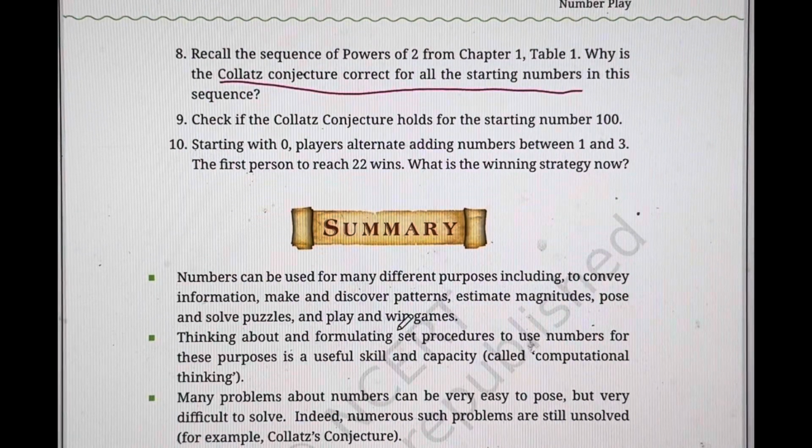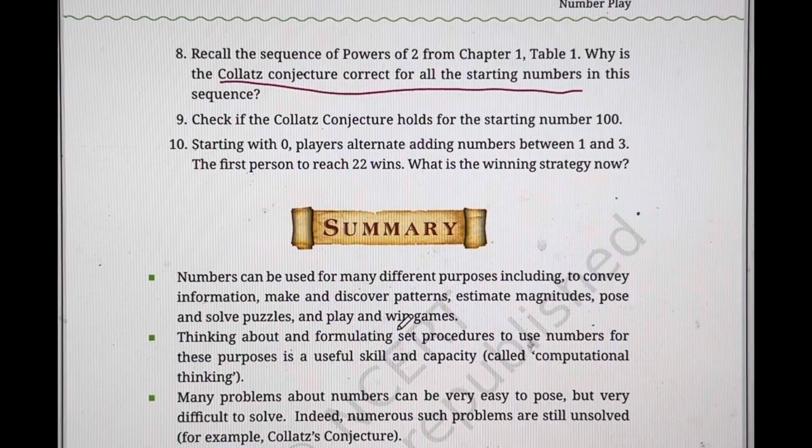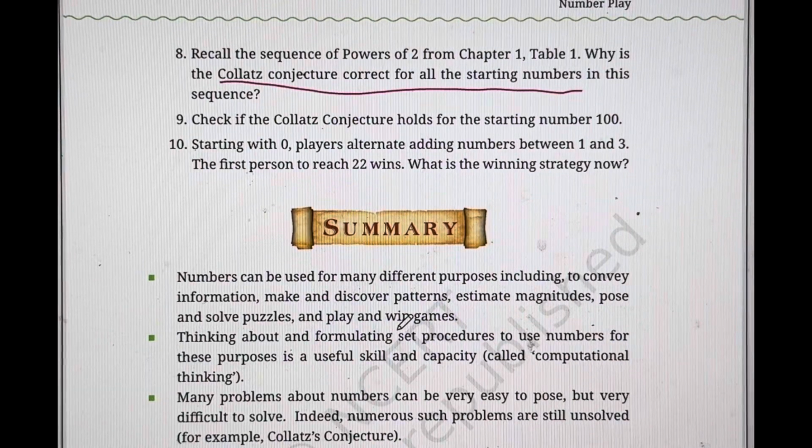Question number 10: starting with 0, players alternately add numbers between 1 and 3. The first person to reach 22 wins. Okay. So what is the winning strategy?